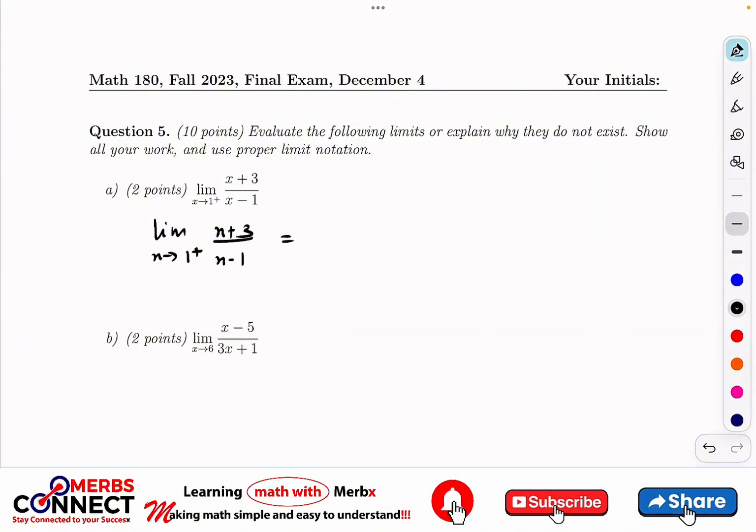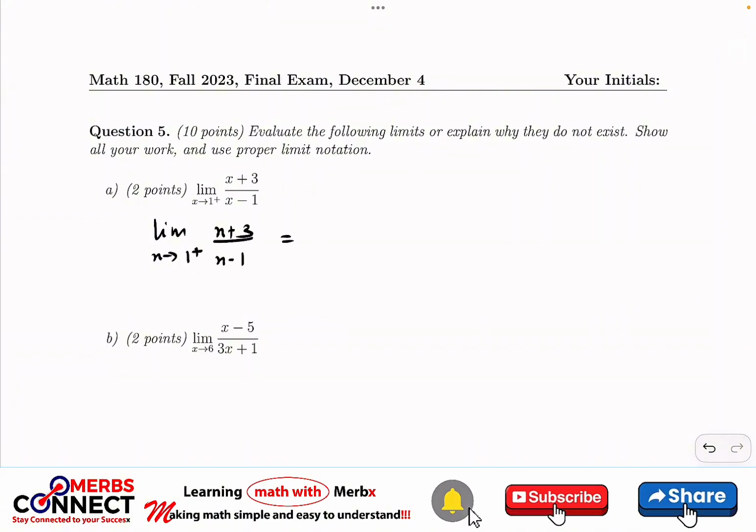This is equal to, let's do direct substitution first. Now, because this is a one-sided limit, we are interested in the denominator. That's where the problem always is. So on the top, I'm just going to plug in 1, but in the denominator, I'm going to use 1 positive. So this is going to be 1 plus 3.